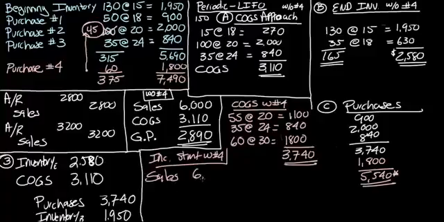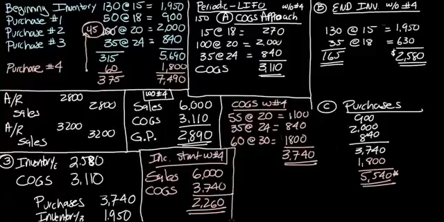The sales number is still going to be 6,000. The cost of goods sold is now 3,740. So in this case, my gross profit is going to be $2,260. Okay, so that changes things up a little bit.